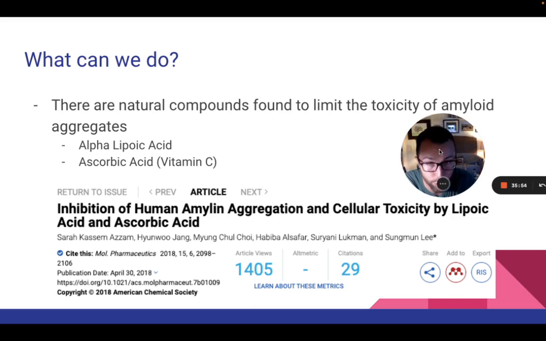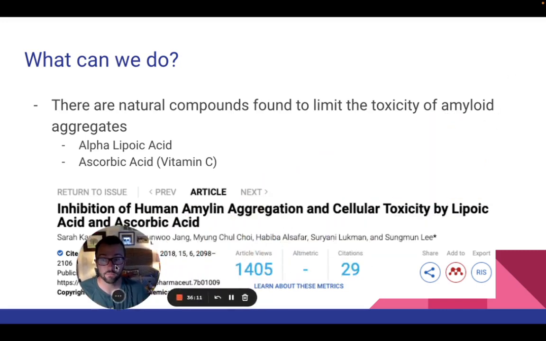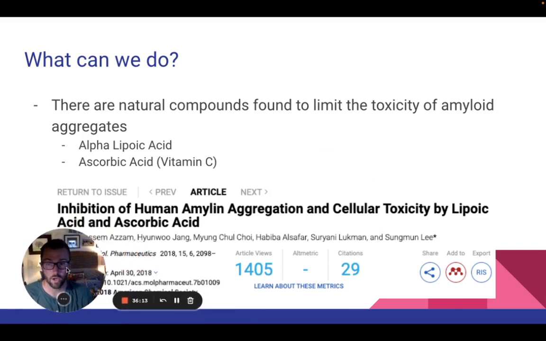But there are natural compounds found that limit the toxicity of amyloid aggregates. I've got the title of the paper below. They focused on two compounds, alpha lipoic acid and ascorbic acid, or vitamin C. So you could ask yourself, okay, great, alpha lipoic acid and vitamin C, where do I get those?